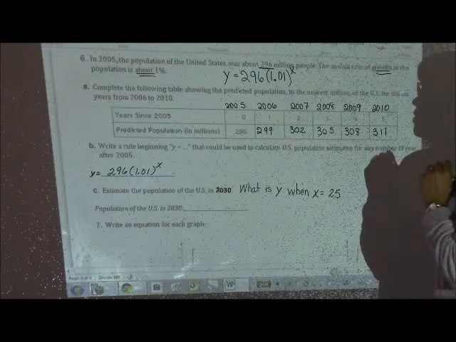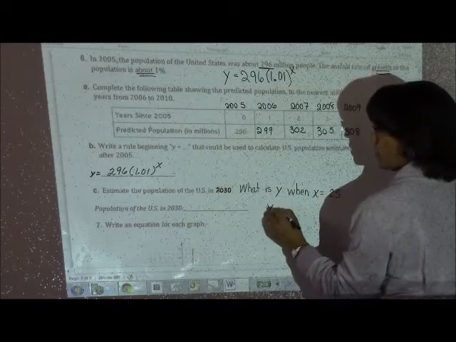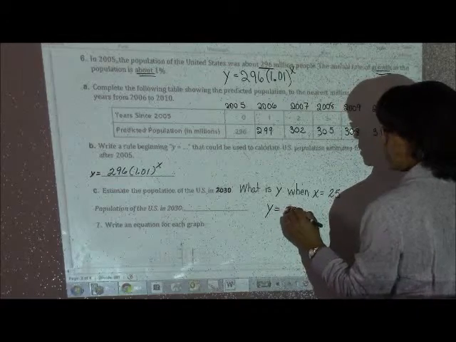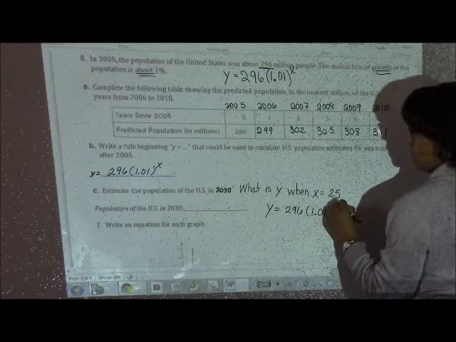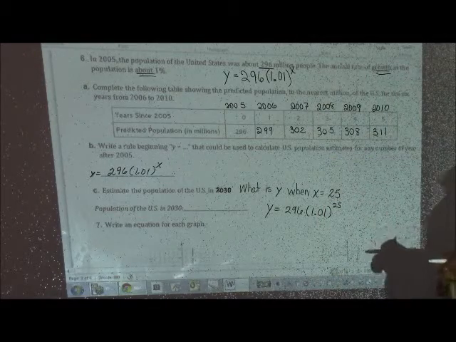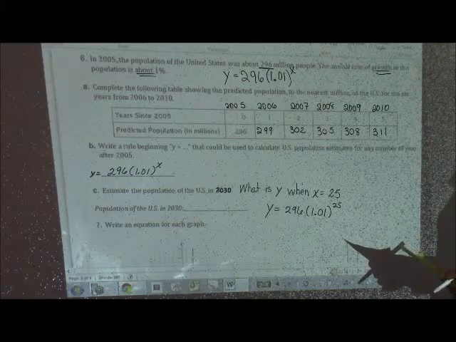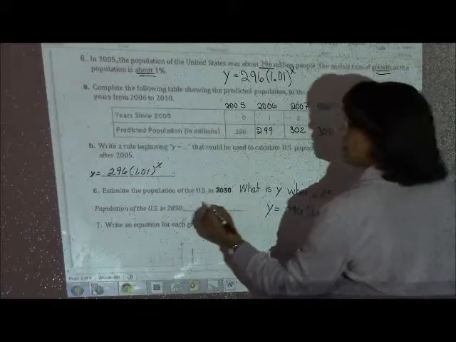Alright? So when we look that up, we can plug it in. Y is equal to 296 times 1.01 to the 25th power. Or you could put this equation in and look for where x is 25, what is y. And if you look at number 6, it rounds to 380 million.